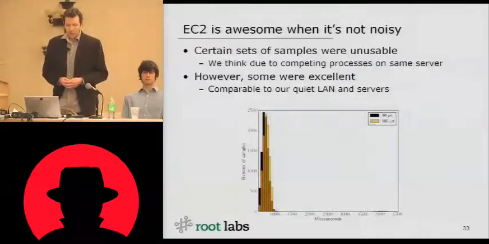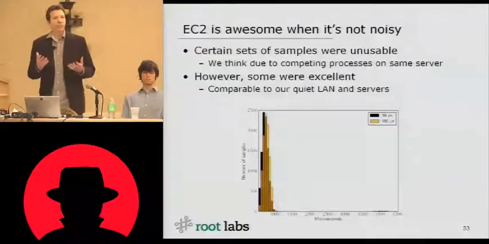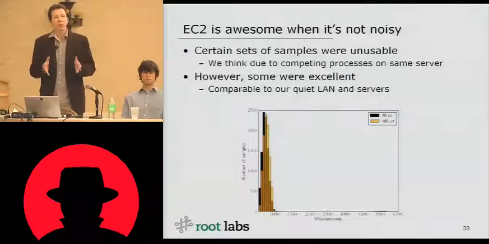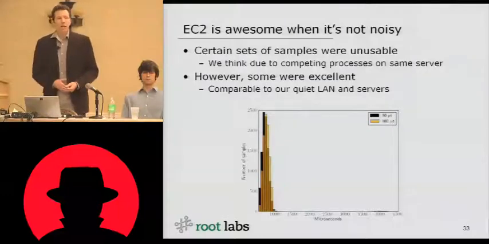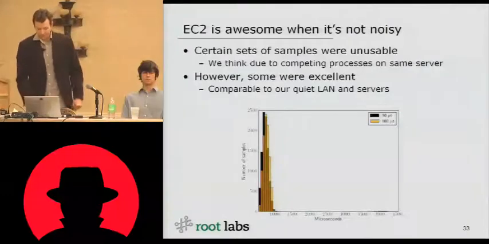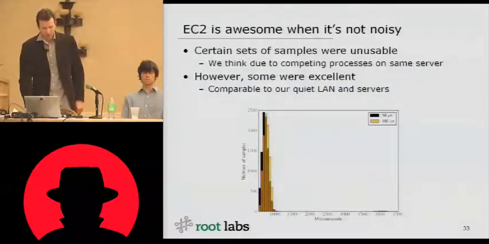However, when we did get good results, we would often get runs that were entirely composed of good results. And in those cases, it was comparable to our quiet LAN, in fact, often better than our quiet LAN. So they had better hardware there. Here's a distribution where you can see the clear distinguishability of the two distributions.